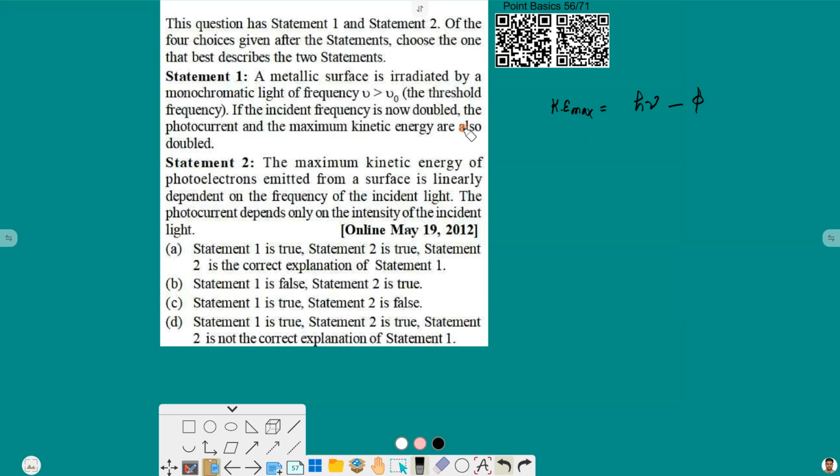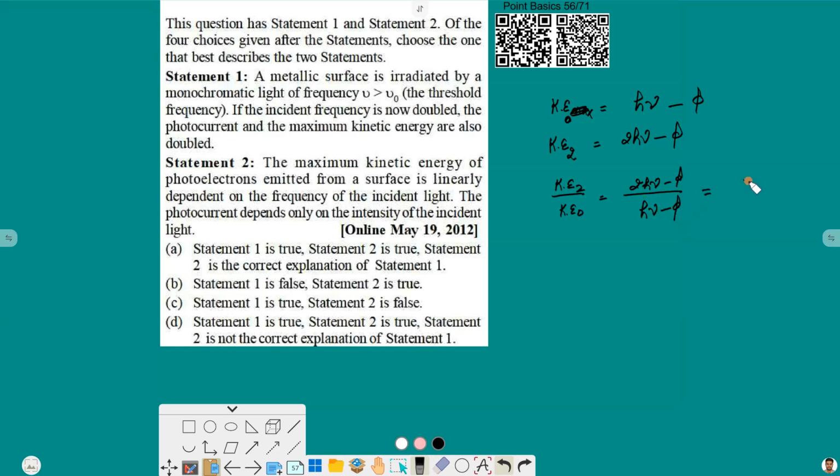Now, as per statement one, the incident frequency doubles. So let's write the new kinetic energy as KE2, and the original as KE naught is equal to h nu minus phi, while KE2 is equal to 2h nu minus phi. Now, if I take the ratio of both of these, KE2 by KE naught will be equal to 2h nu minus phi divided by h nu minus phi.